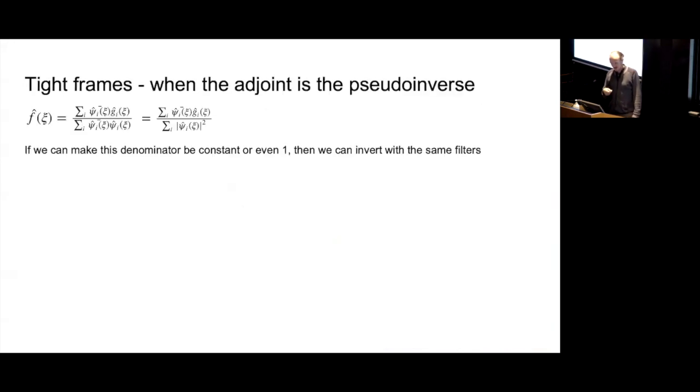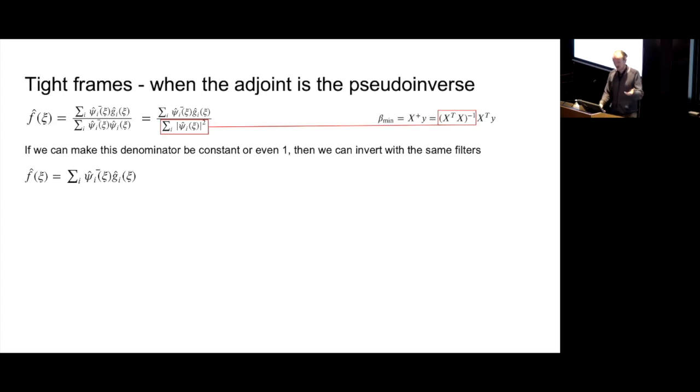So if we can make this denominator object be 1, then we can get away with inverting our wavelet transform in a pretty straightforward manner. If we can manage to make this denominator be 1, then we call our collection of wavelets a tight frame.